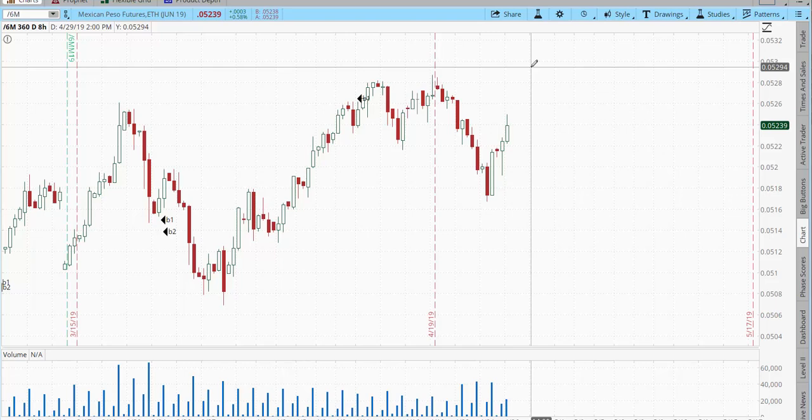So what time frame you use, whether you use 15-minute, 1 hour, 3 hour, 4 hour, or 6 hour, that's up to you. Some people like to use so many ticks per bar. But that's up to you.